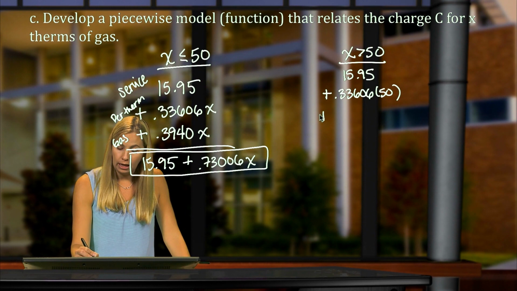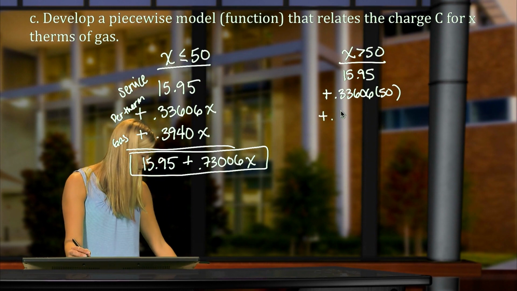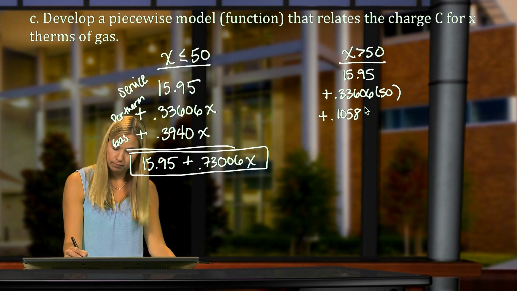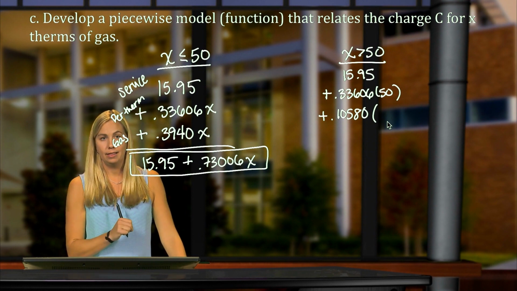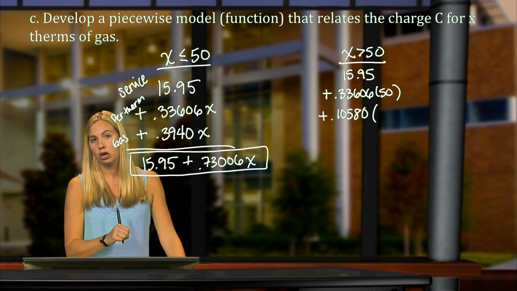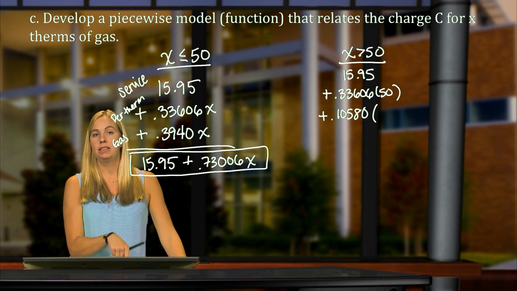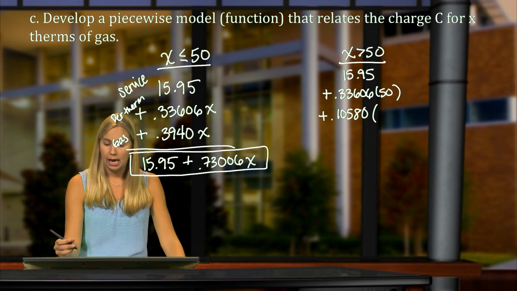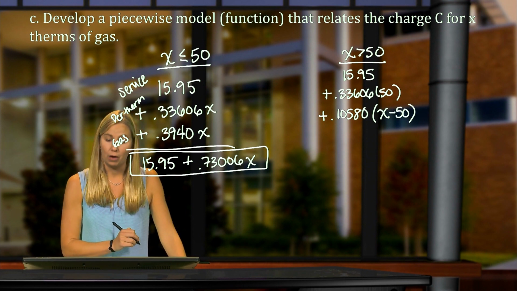And then the remaining is what we multiplied by that reduced cost, the 0.10580. Now, how many therms did we multiply by that 11 cent charge? Well, in example B, we used 450. But think about it, we had actually used in that month 500. So we had taken our total number of therms and subtracted the original 50, which we were charged at that higher rate.